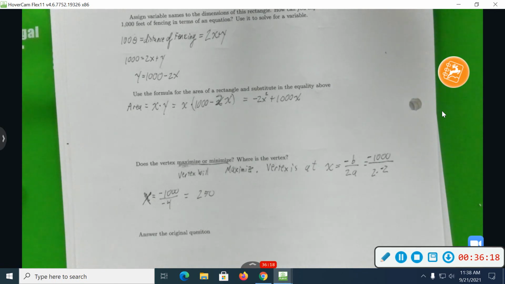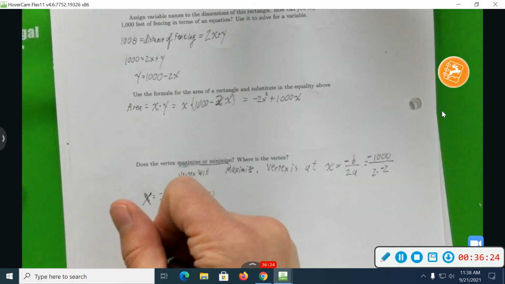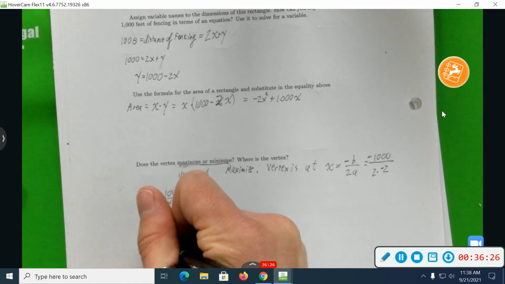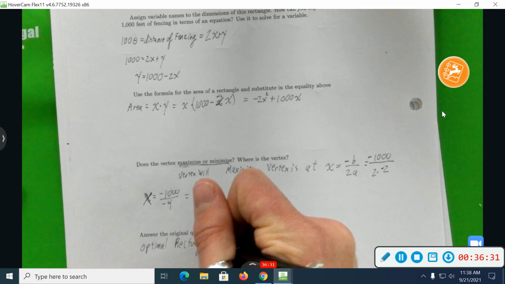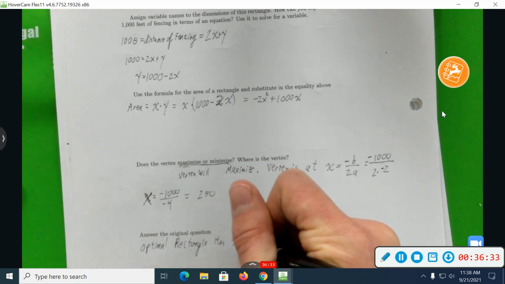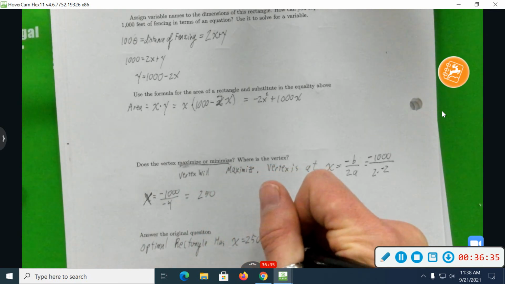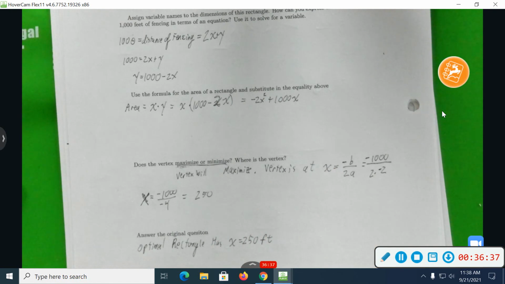The vertex formula that I wrote down does tell us the maximum output, but let's just remember this x. Let's go back to the original question. So the optimal rectangle has x equal to 250, and the original question I think was in feet, 250 feet.